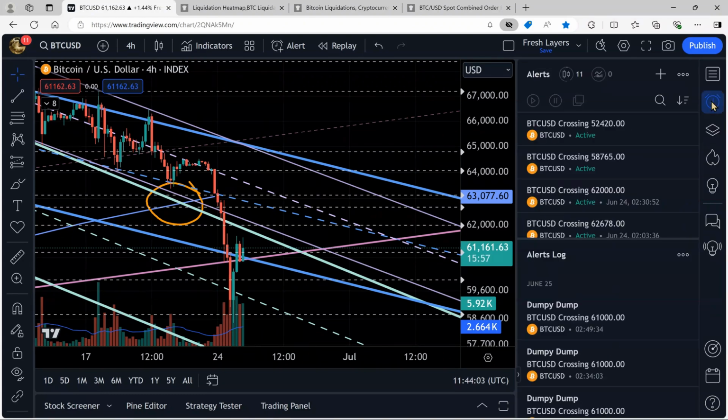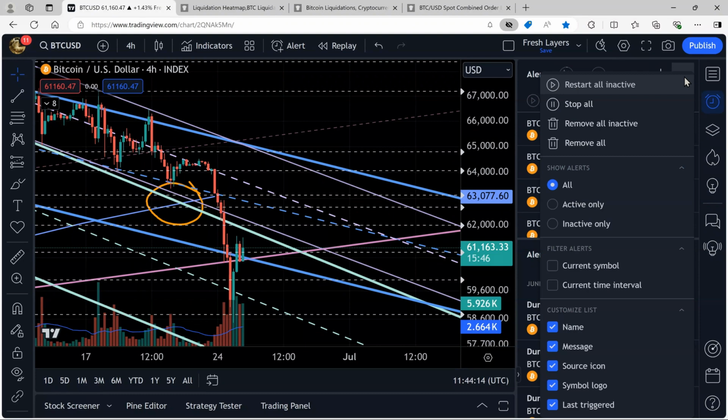Can I just hide these? I don't want to remove all.